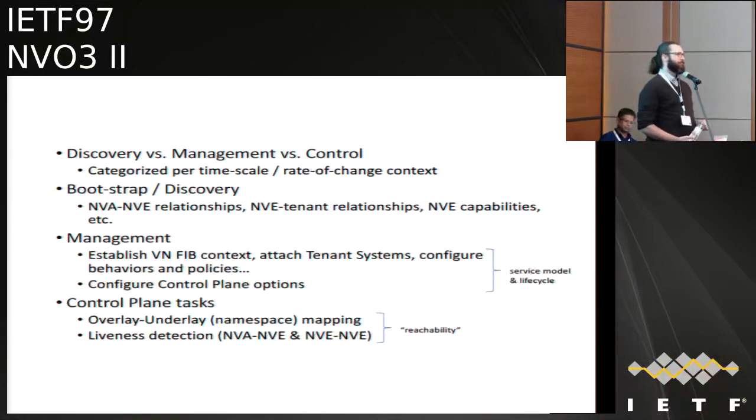Now, the trick comes in, I shouldn't say the trick, but where it becomes a little bit blurry, if you have a very highly dynamic environment, like containers or VMs that come up and die, where things get created at a very high rate.